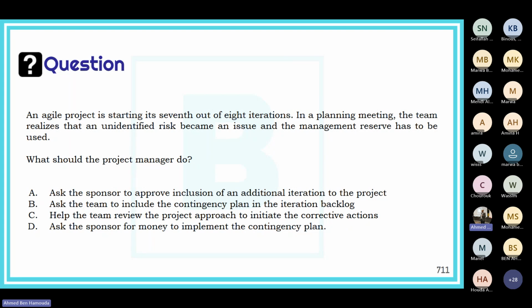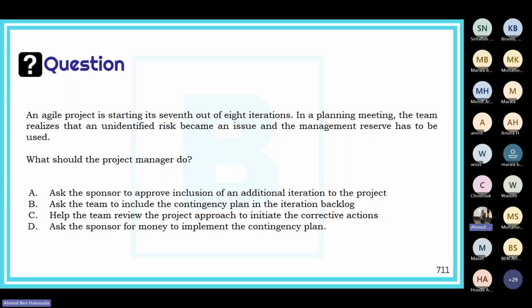Ask the sponsor to approve inclusion of an additional iteration to the project. Ask the team to include the contingency plan in the iteration backlog. Help the team review the project approach to initiate the corrective action, or ask the sponsor for money to implement the contingency plan.